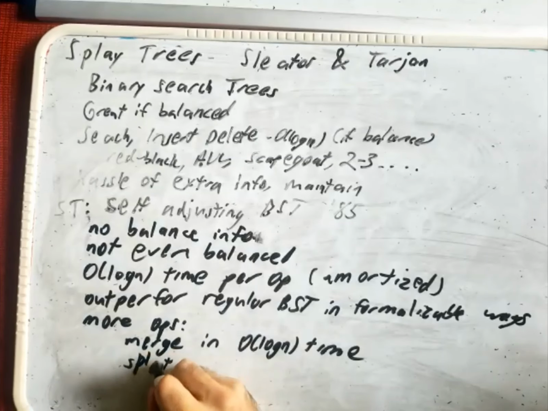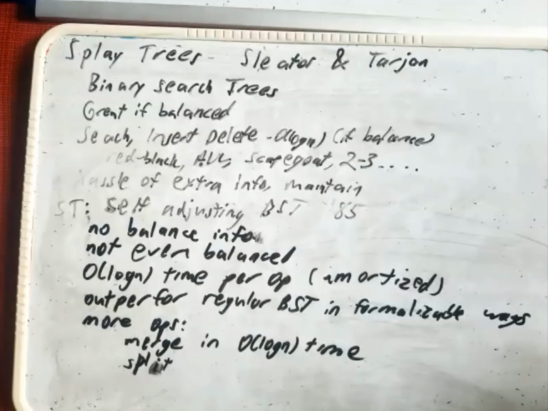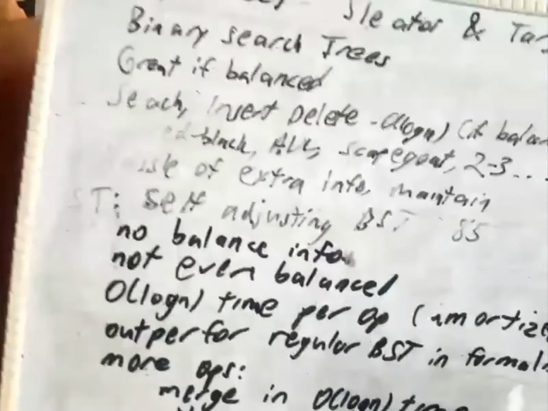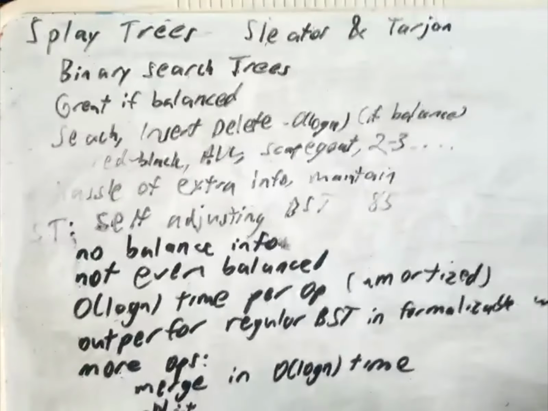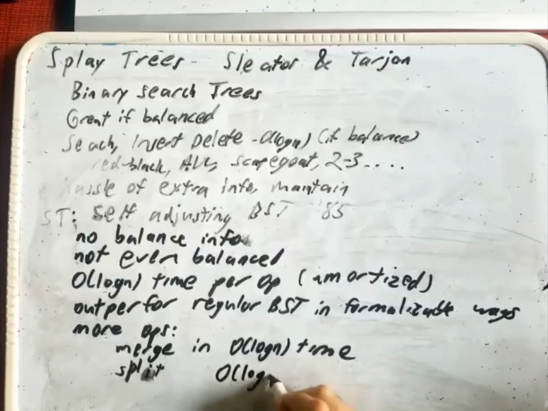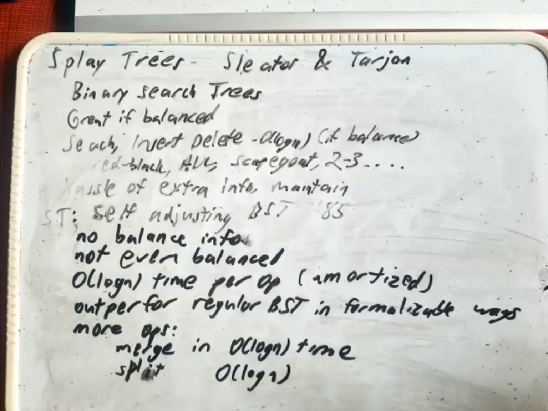And there are a number of other very powerful operations that you get for free in these self-adjusting binary search trees, even though they have no auxiliary information at all. Is split also O of log n time? Yep, split is basically everything is order log n except when it's faster. They're incredible, these data structures, these trees.